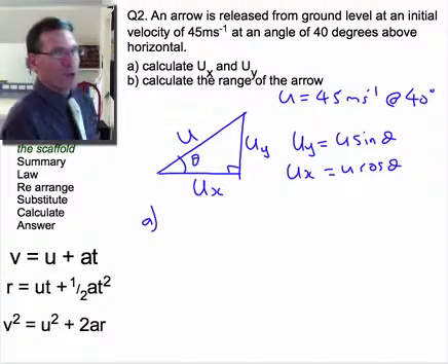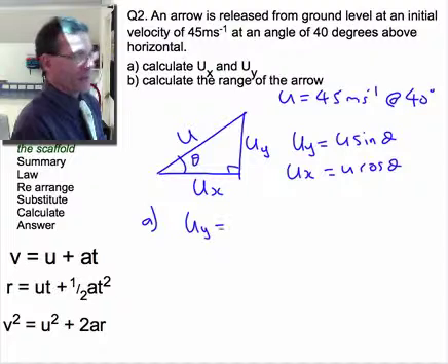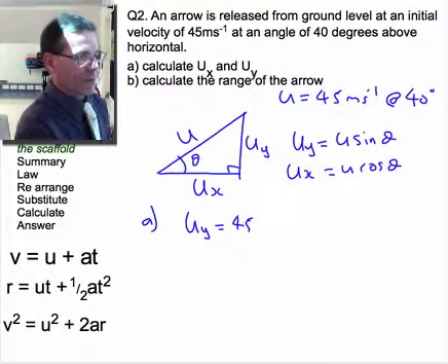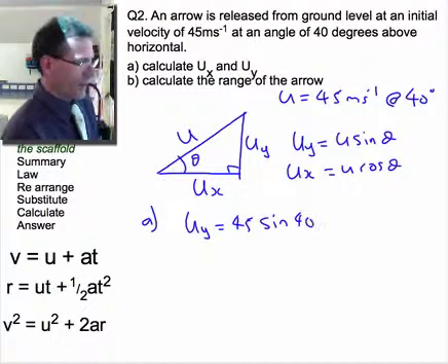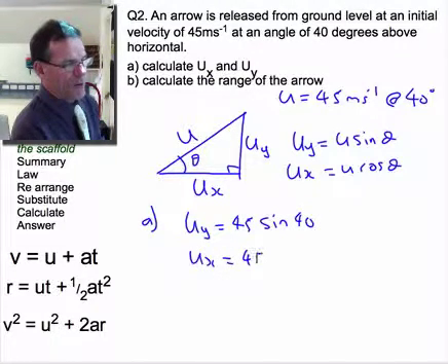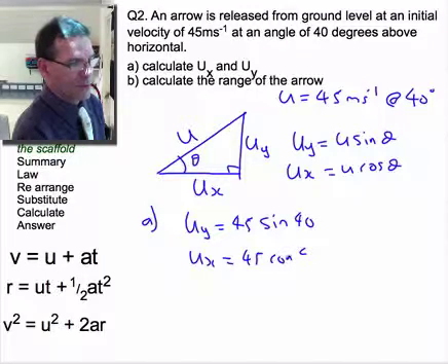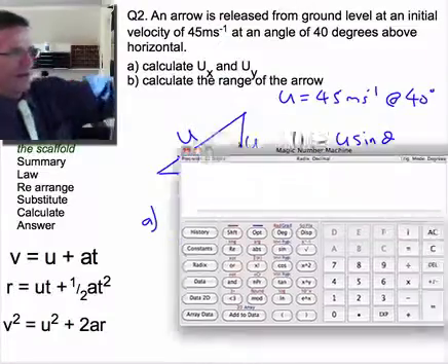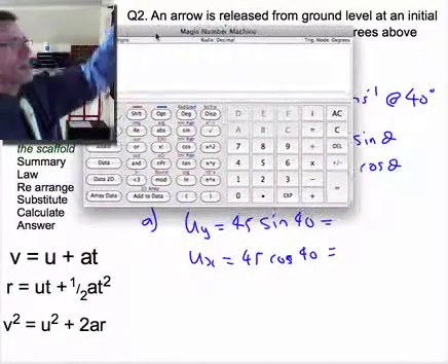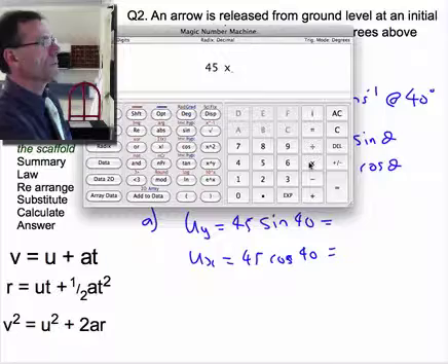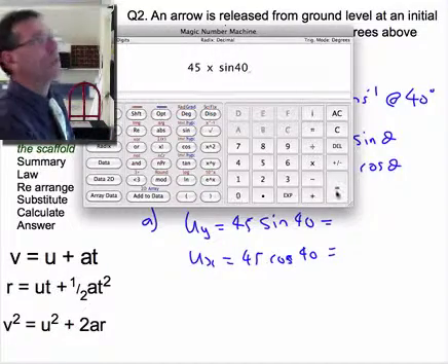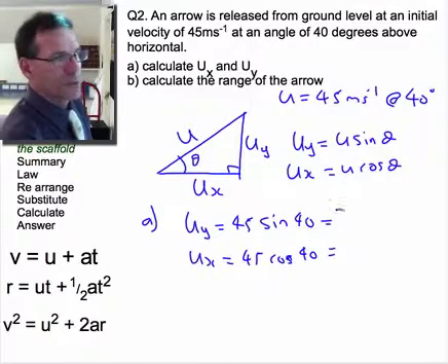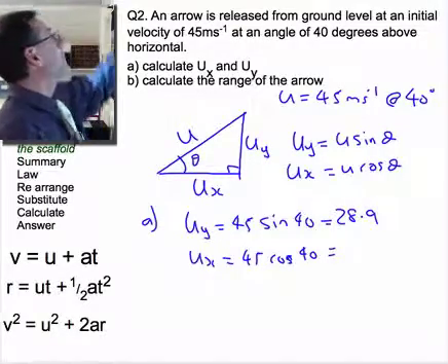We can bear those in mind and simply substitute. So uy is going to be 45 sine of 40 degrees, and ux is going to be 45 cos of 40 degrees. If we grab our calculator, 45 times sine of 40 gives us 28.9.